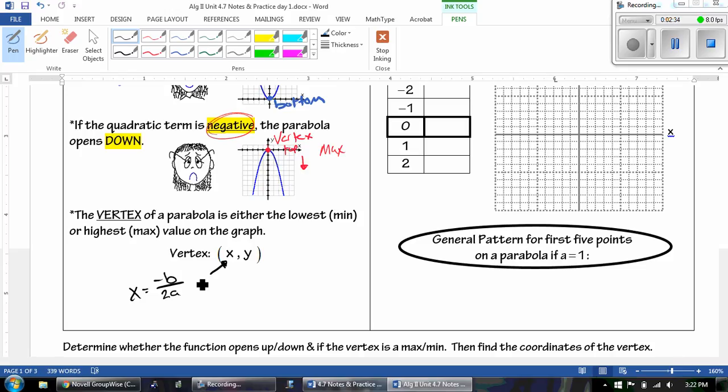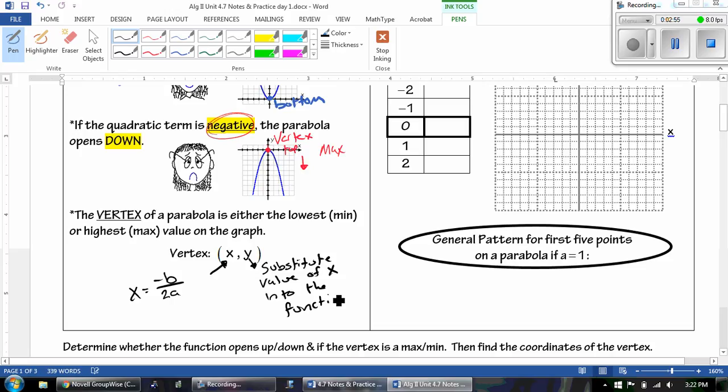So we do the opposite of b over 2a, and then to find the y, we substitute the value of x into the function. First we find out what x is, and then we substitute it into the function.